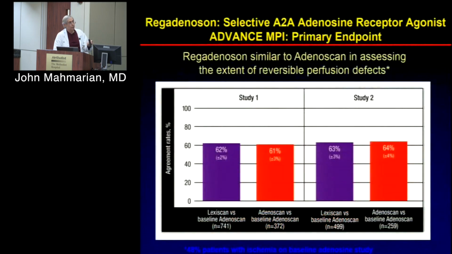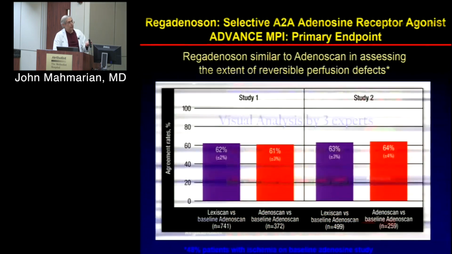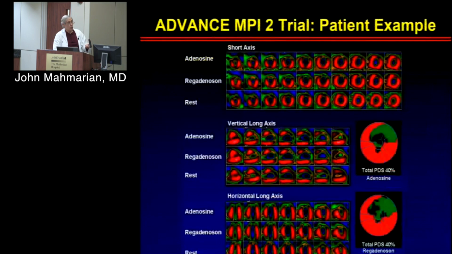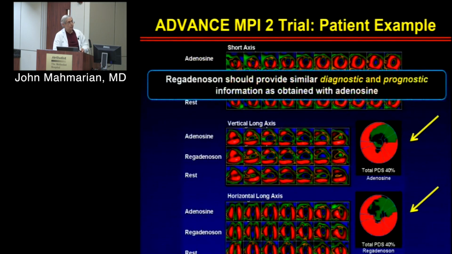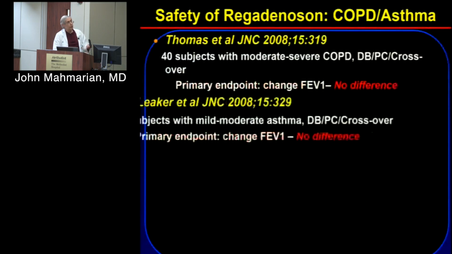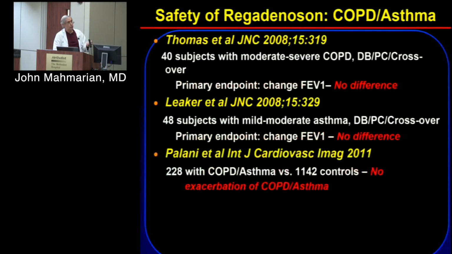Regadenoson is now used as the preferred stressor because of the advanced studies which showed absolute similarity to adenosine. And we have actually published the data using quantitative analysis showing identical perfusion defects in these populations as well. Regadenoson nicely can be used in people with COPD safely.